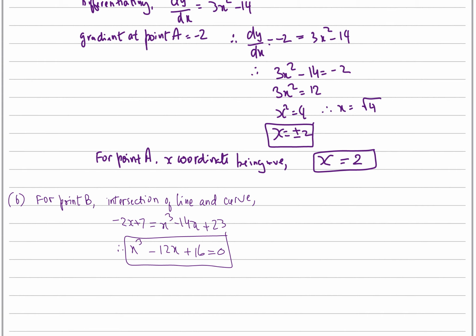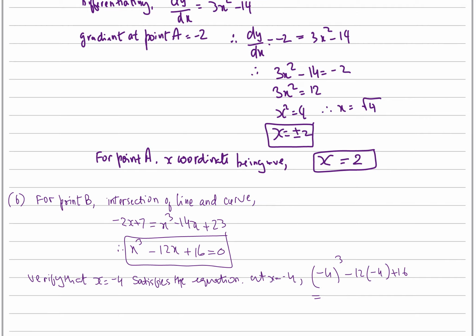To verify that x equals -4 satisfies the equation, at x is -4, we get -4 cubed minus 12 times -4 plus 16.